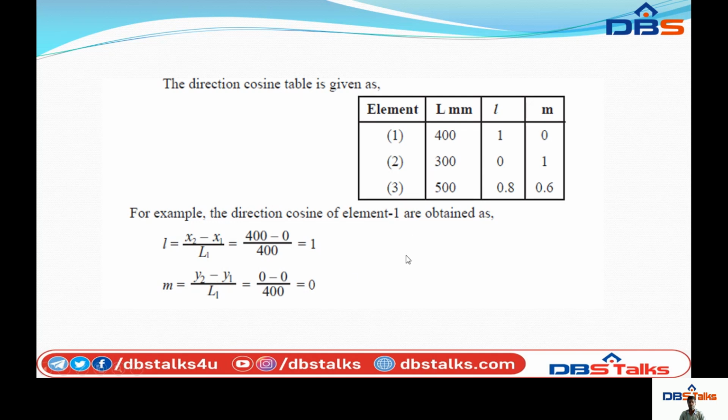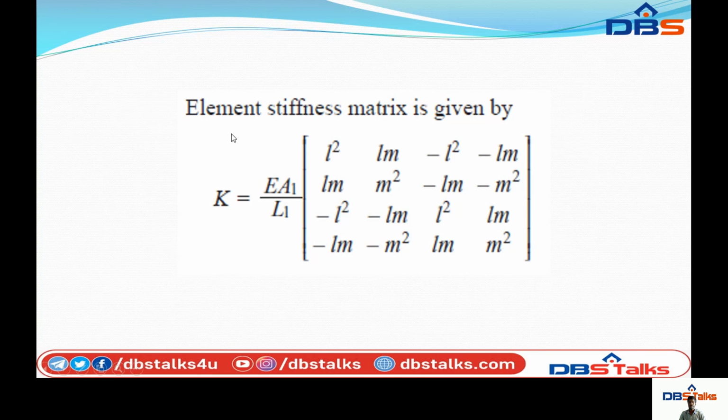After that, the third step is the derivation of the element stiffness matrix for the given structure. We already know that for a bar element, the stiffness matrix K is AE by L times [1, -1; -1, 1].